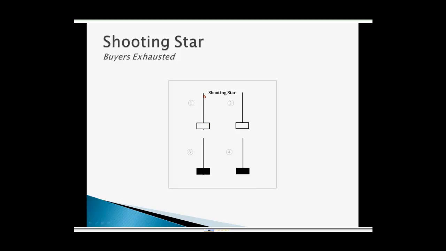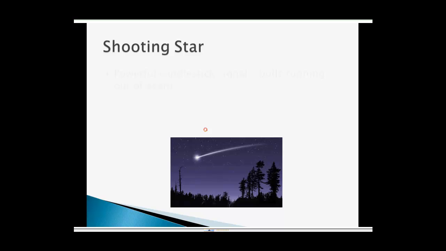You see the bulls trying to push the stock higher intraday, fail miserably, bears take over, and the stock closes at the very bottom of that day's trading range. So here's a shooting star, a powerful candlestick signal, bulls running out of steam. It is a very powerful signal.